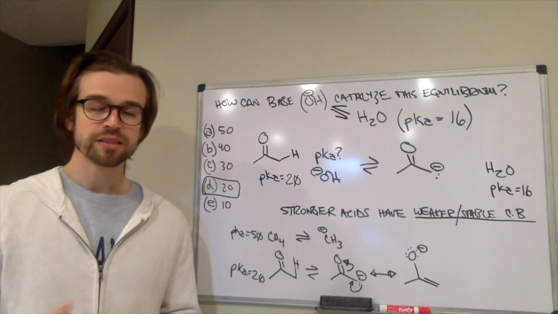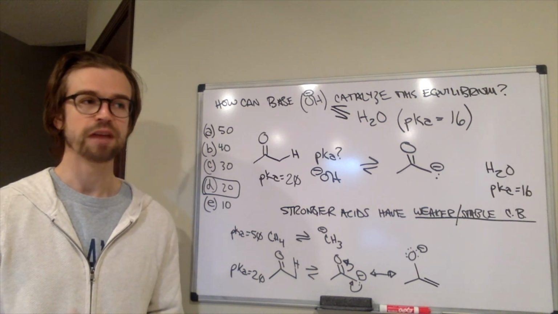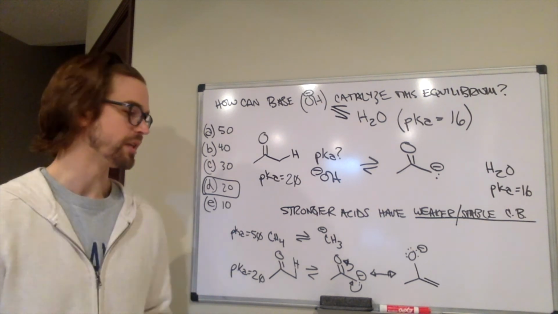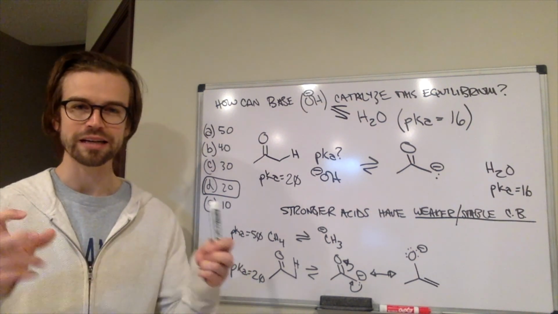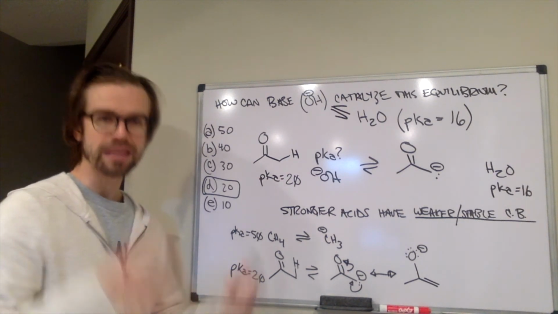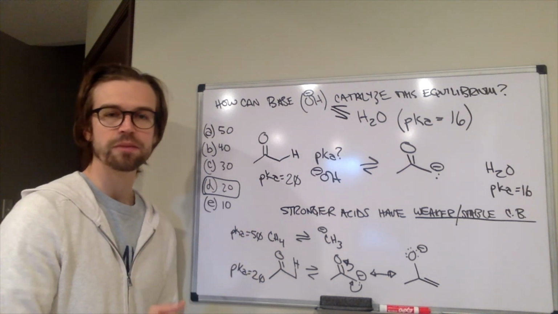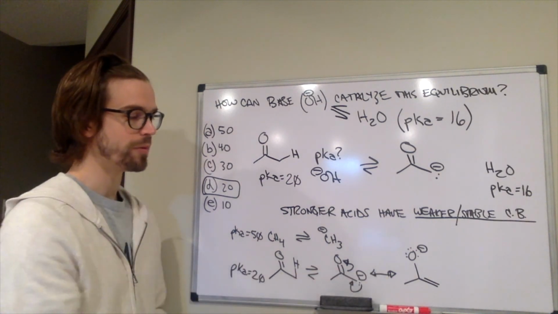Why is it important for us to have a rough estimate of how acidic a CH bond is that will form an enolate equivalent? Well, any enolate equivalent is going to be able to act as a nucleophile in its enolate form, and that's what this is called.